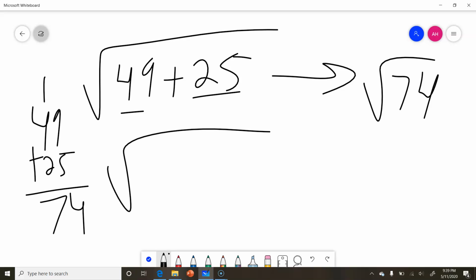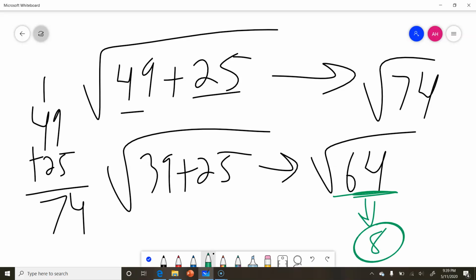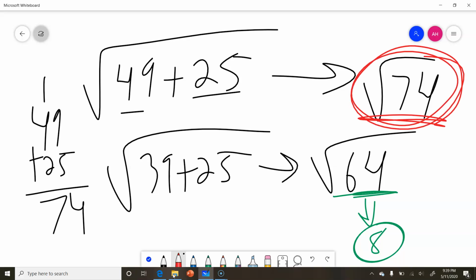But if they gave me the square root of 39 plus 25, that's going to equal the square root of 64. And I know what the square root of 64 is. The answer to that is simply 8. So sometimes your answer has to be left like this, the square root of 74, and then sometimes it comes out to a whole number. You can do it either way, but most of the time it works out where you can just simply solve it.